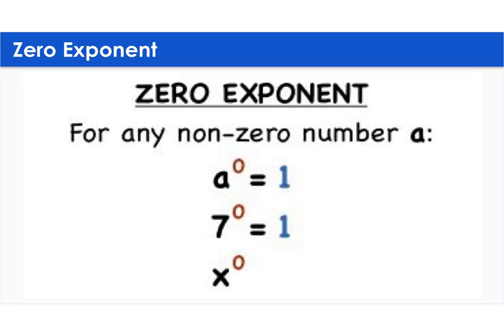So the 0 exponent, for any non-zero number a to the 0th power equals 1. 7 to the 0th power always equals 1 as well. So anything that is taken to the 0th power is going to equal 1.